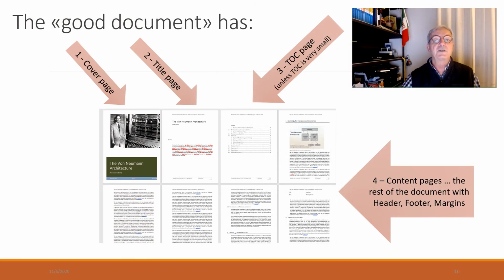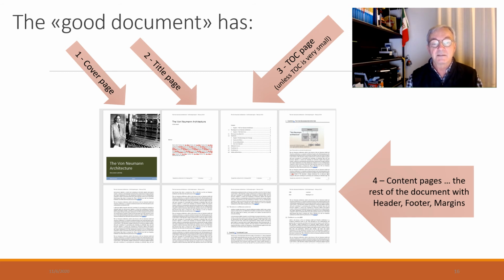Now, before leaving you for the first assignment of this week, a preliminary version of what is to be then delivered by the end of second week of online classes, I point you in this slide a recap on how the good document has to be. We start with the cover page. Then we have what I call the title page with the title and possibly an abstract of the document.